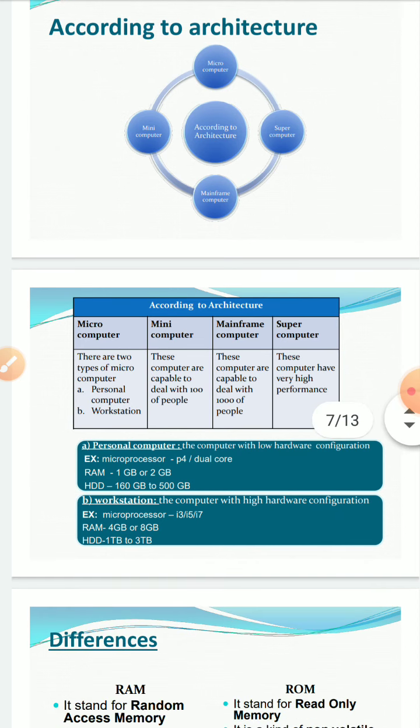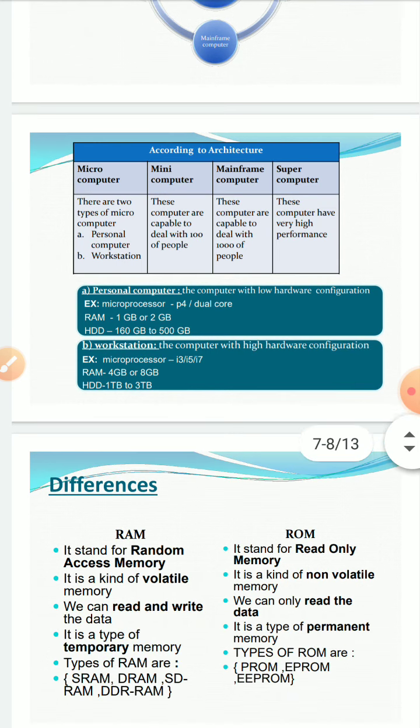Now we will discuss some differences between these computers. Microcomputer, there are two types: personal computer and workstation. Mini computer, these computers are capable to deal with hundreds of people. Mainframe computer, these computers are capable to deal with thousands of people. And a supercomputer, you all know these computers have very high performance.